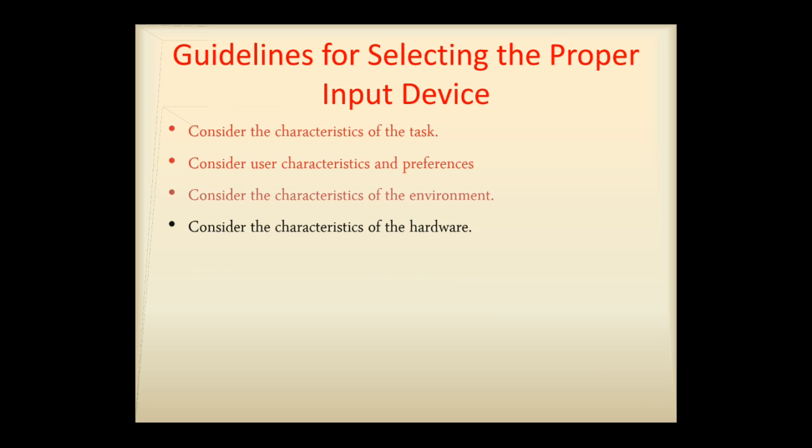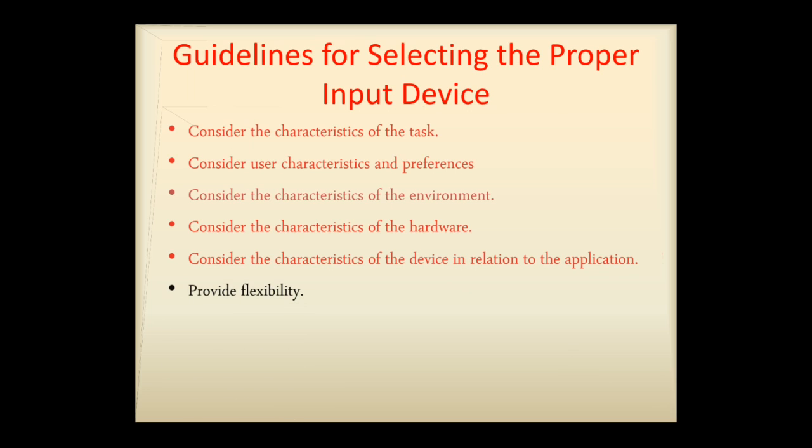For example, joysticks are quite variable in their movement capabilities, so you have to study the hardware limitations of all the input devices and then make a proper choice. The device in relation to its application has to be analyzed here, that is, whether the device can satisfactorily be used for a particular application or not.